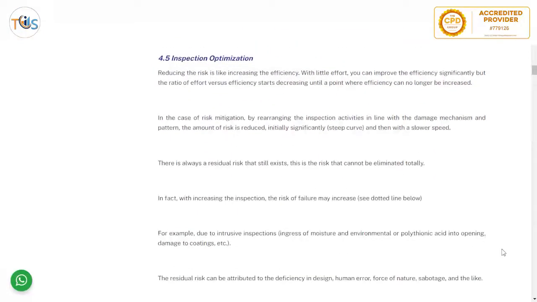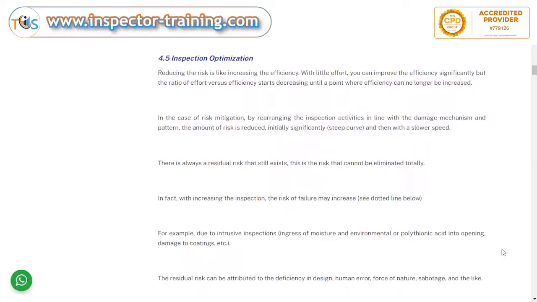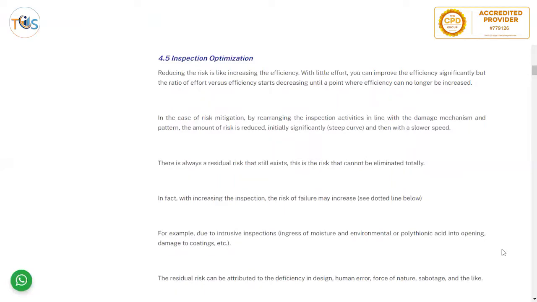Inspection optimization. Reducing risk is like increasing efficiency. With little effort, you can improve the efficiency significantly, but the ratio of effort versus efficiency starts decreasing until a point where efficiency can no longer be increased. In the case of risk mitigation, by rearranging the inspection activities in line with damage mechanism and pattern, the amount of risk is reduced, initially significantly on a steep curve, and then at a slower speed.